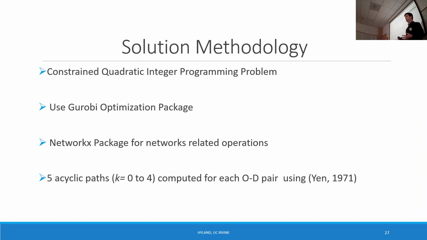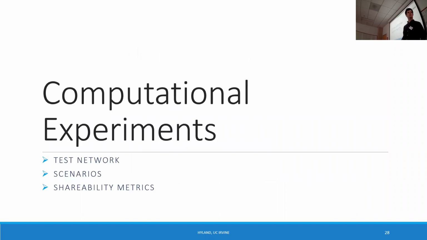We're just assuming that there are 5 possible paths between each origin destination pair that one can choose from. We use Yen's algorithm to create the 5 shortest paths in this case, or the K shortest paths in general. We could talk about this later if you want. There are probably better ways to define a potential set of paths besides the K shortest, but for now we're just going to use the K shortest.